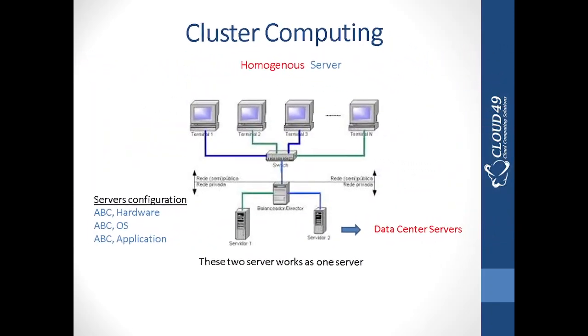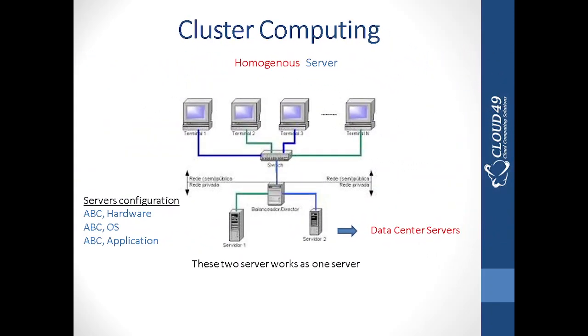Now, next is cluster computing. It is very important to understand cluster computing. In this, the first is the homogeneous server we are talking about. Here, these are the 4 machines. But in future, you want to add 4 more machines.